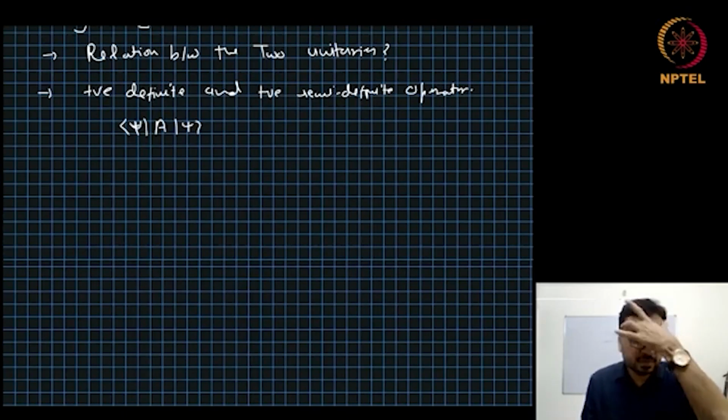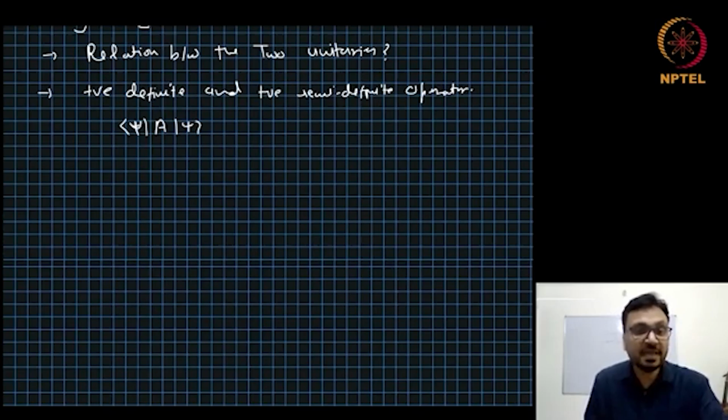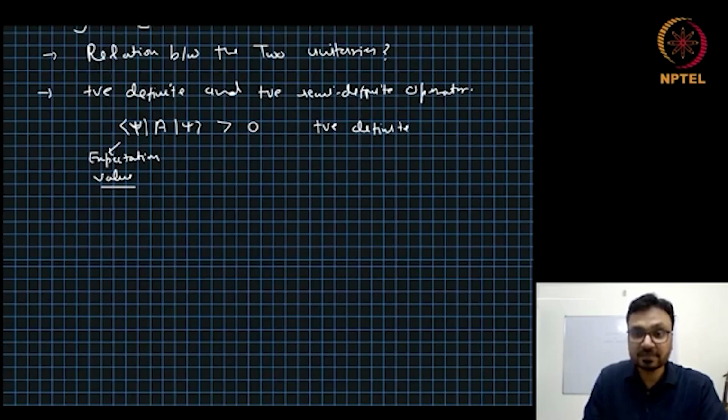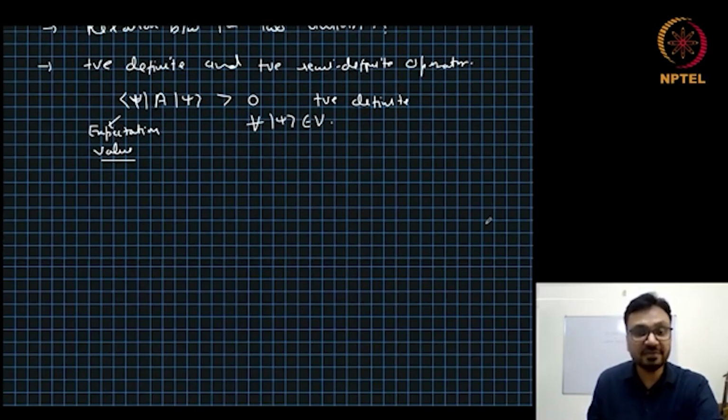If we take the inner product of psi with A psi, sometimes called the expectation value, and the expectation value of an operator A is always positive, then it's called a positive definite operator. This should be true for all psi in the vector space V. If this is true, then it's called positive definite. If it can be zero or positive, then it's called positive semi-definite.